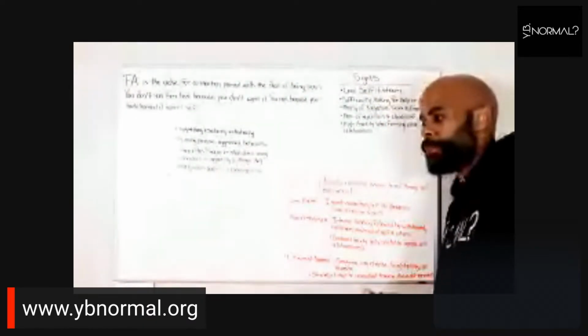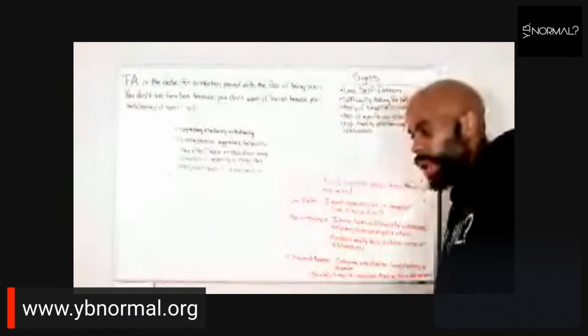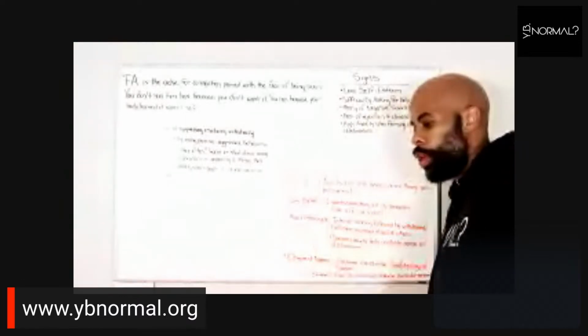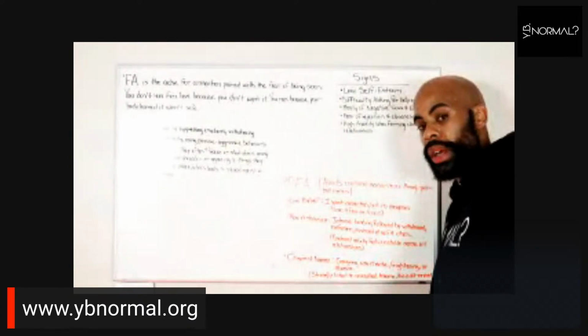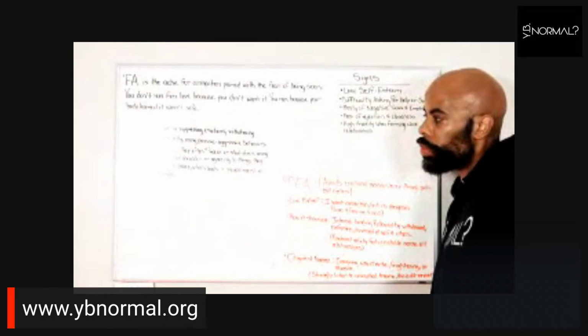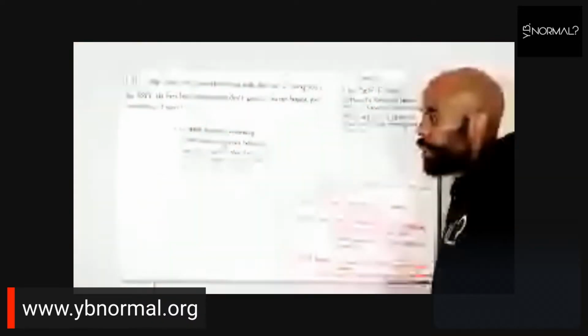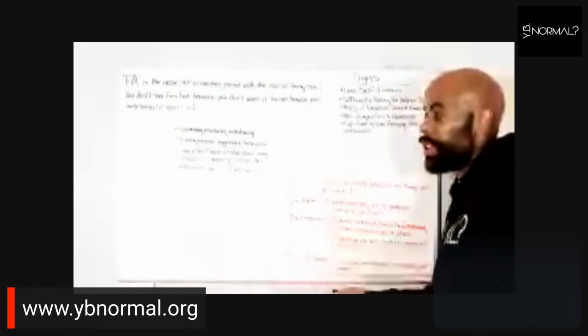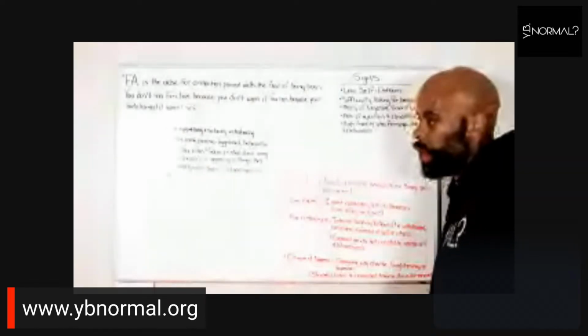When I look back at relationships I've been in, I would shut down and then give them the cold shoulder and not talk to them because I didn't feel safe. That's some of the things in regards to internal conflict that an FA would have.